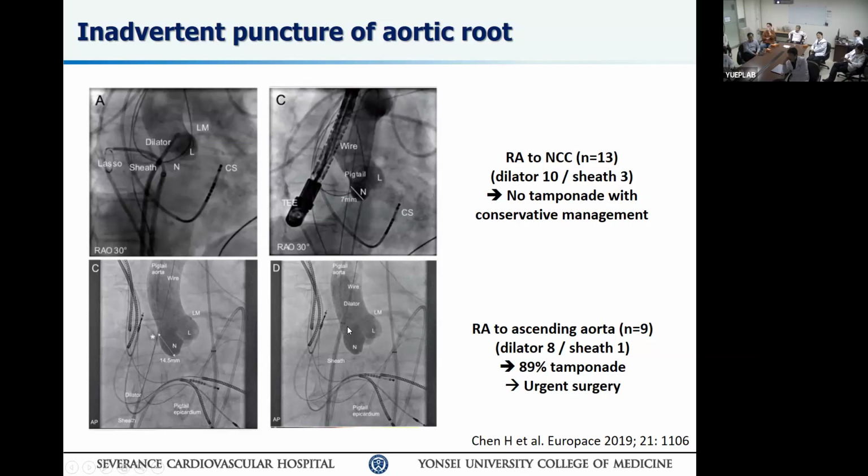And even though they underwent urgent surgery, by putting the SL1 sheath in, they had stable vital signs before and during the time to the surgery.